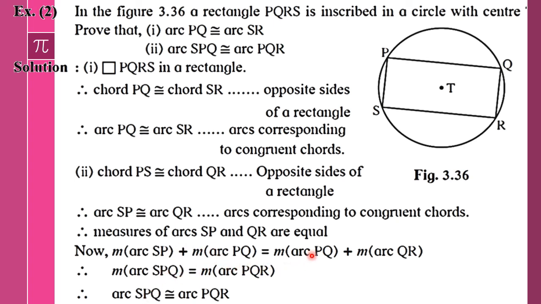Similarly, arc PQ plus arc QR is the same as the measure of arc PQR. So the measure of arc SPQ is equal to the measure of arc PQR. We proved it. Same circle means the radius is the same, and we also got that these two arcs have equal measures. That means these two arcs are congruent to each other by definition.